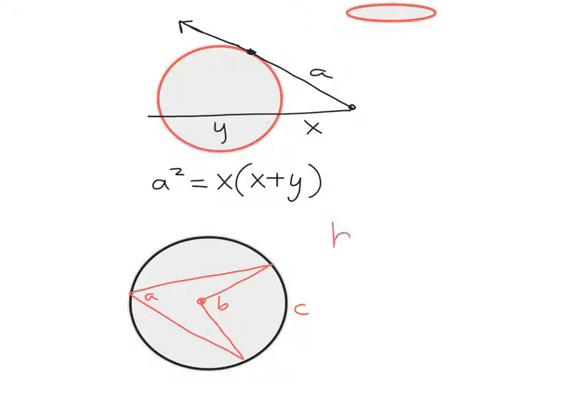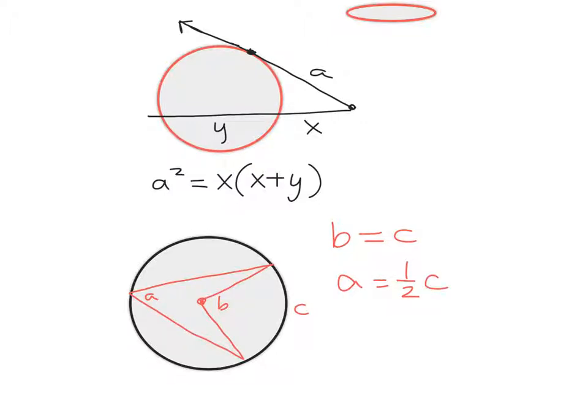So we would say B is equal to C, right? A central angle always equals its arc. We would say that, depends how you want to write this, double A equals C or half of C equals A. So A is half of whatever C is.